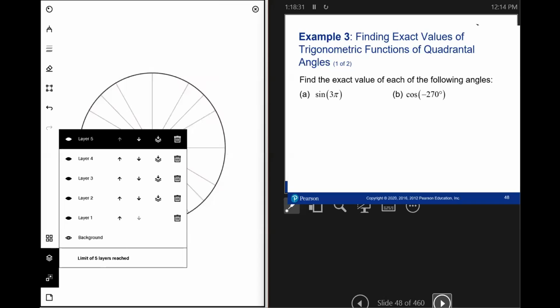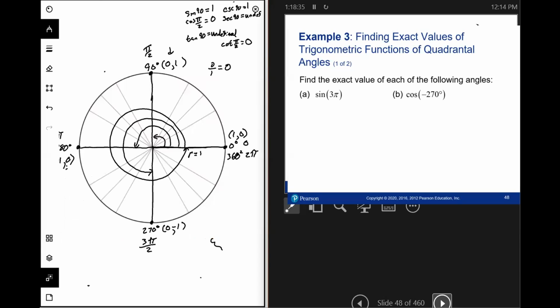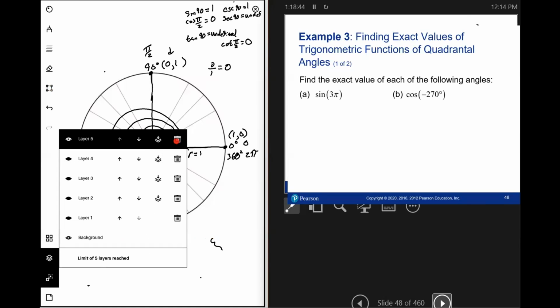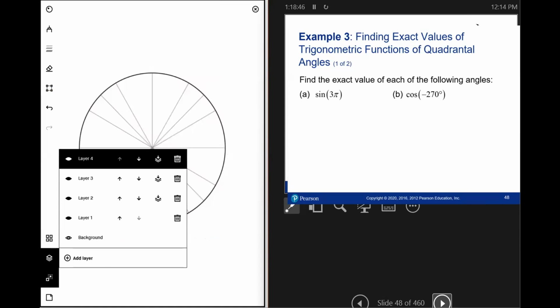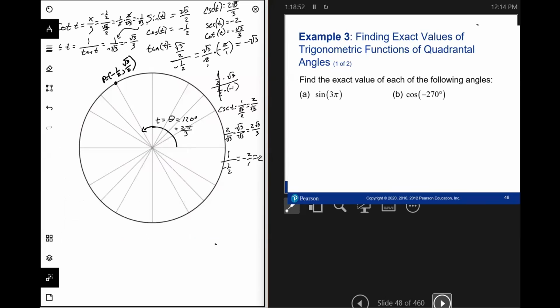It's not doing it. So I'm going to delete everything on this. Let me do it this way then. Delete that. Okay. Add layer. Nope, it won't let me do that.